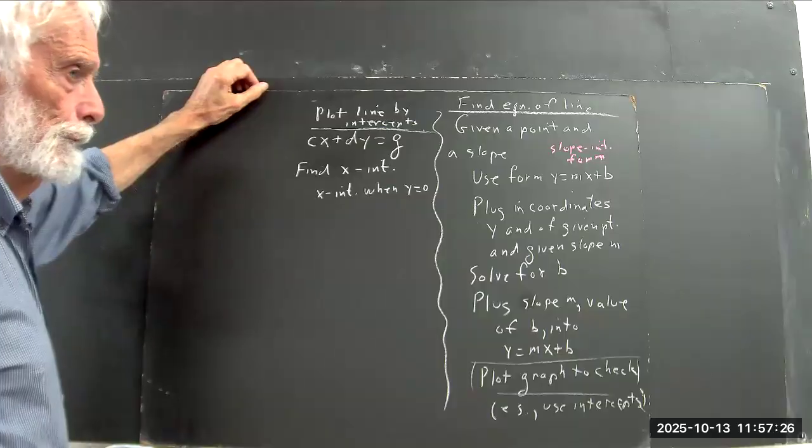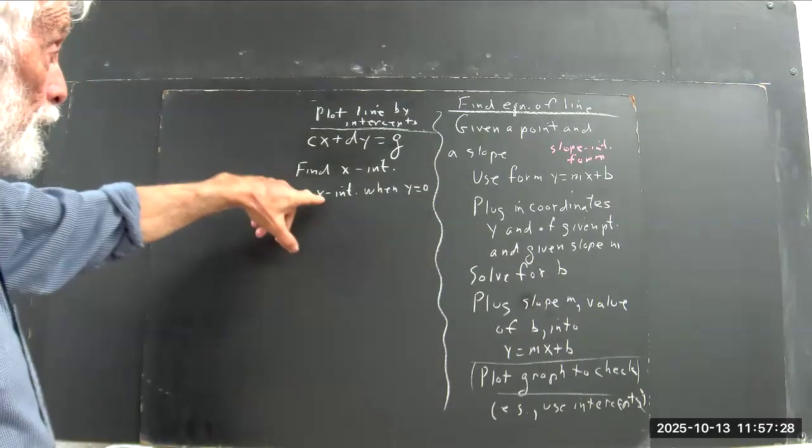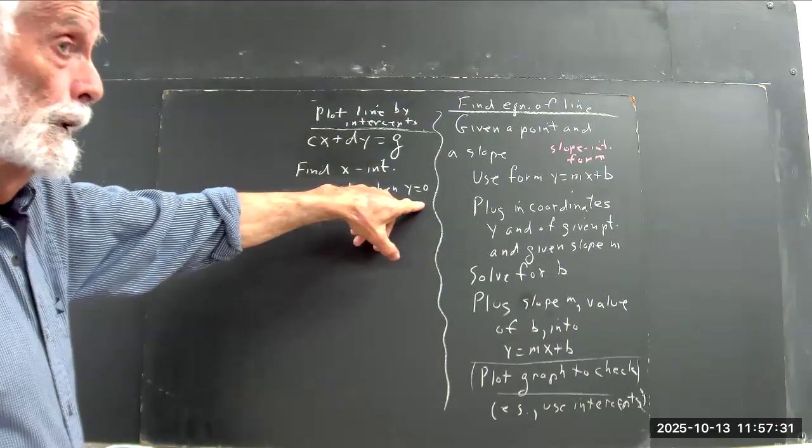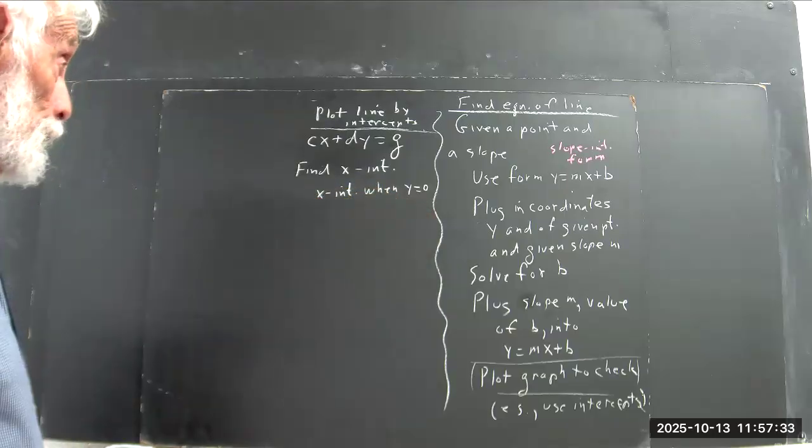Now, as I think I've probably said about 100 times, you want to write this out. The x-intercept occurs when y equals 0.